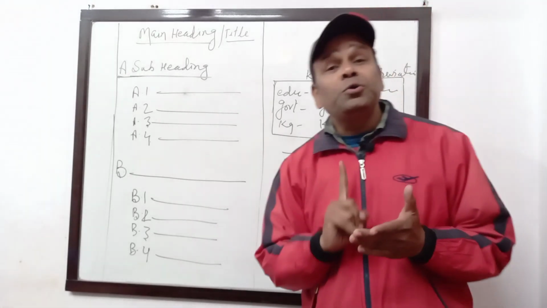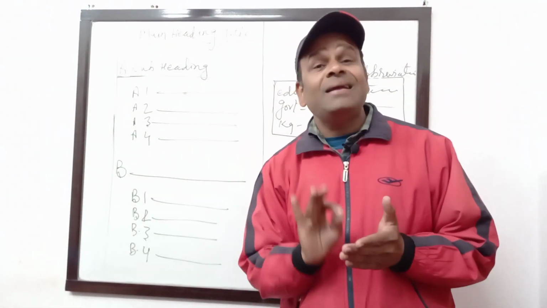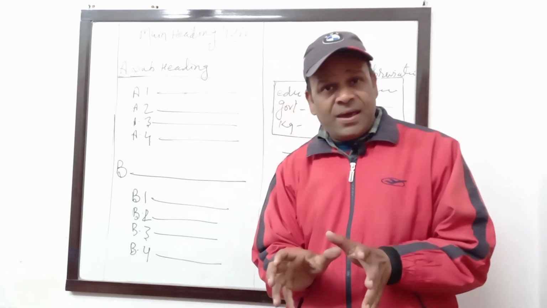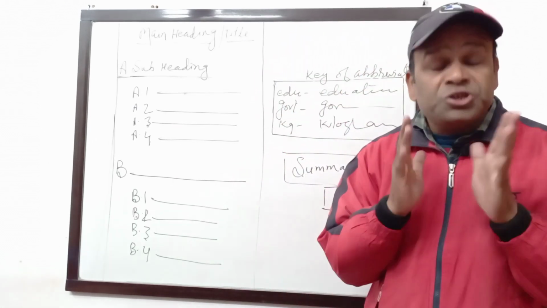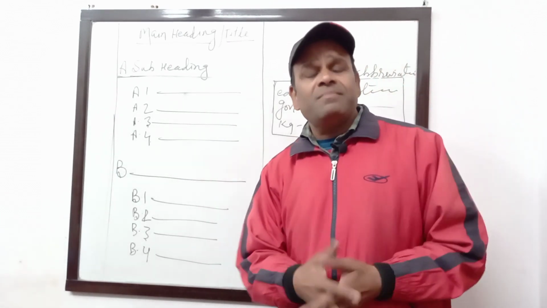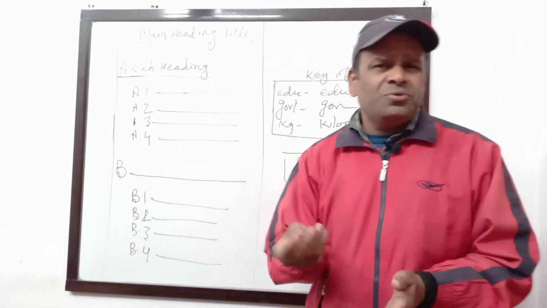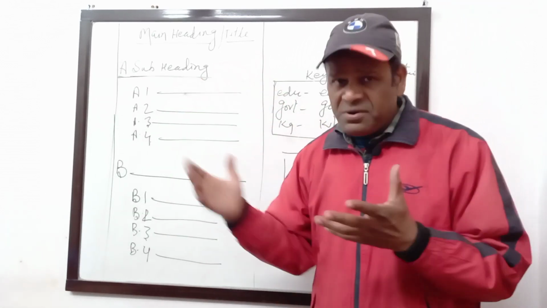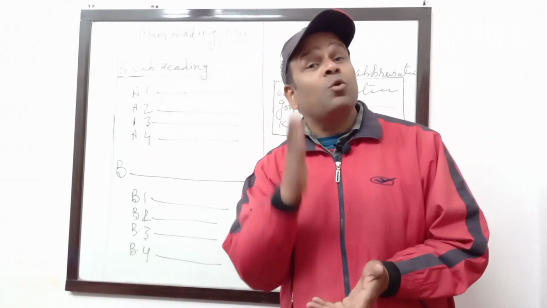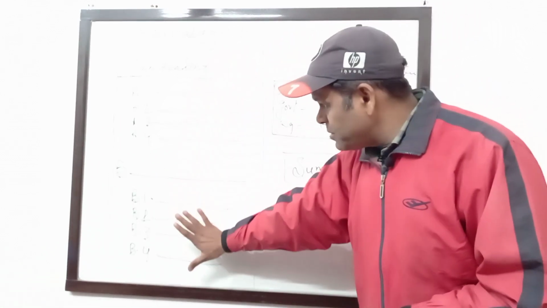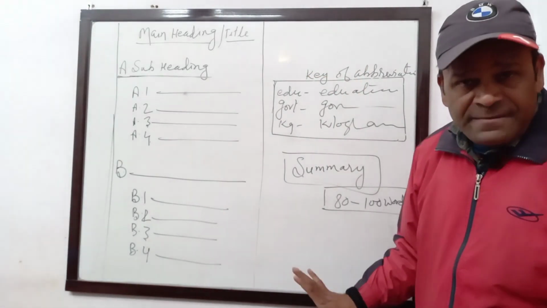Remember not to write in sentences, write either in words or in phrases, okay, with abbreviations, short forms. Just like you message your friends, WhatsApp message or Facebook message, you write in short. So just like that, you can add your own abbreviations there. You are free to add your own abbreviations. Do this for A, do this for B, do this for C, do this for D.